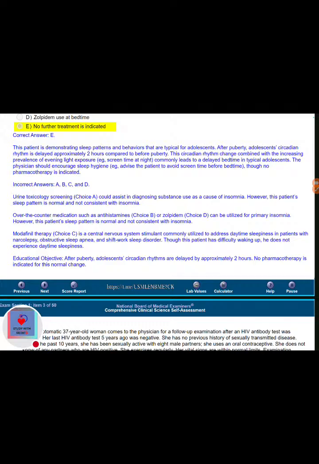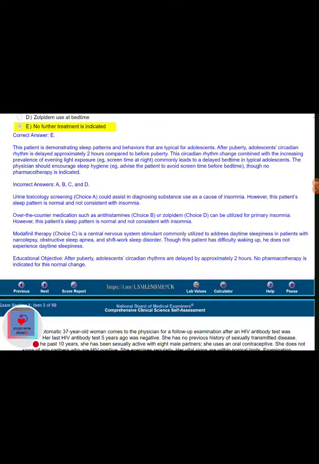So here the sleep pattern and behaviors are typical for adolescents because the patient is now 14 years. After puberty, adolescent circadian rhythm is delayed approximately 2 hours compared to before puberty.